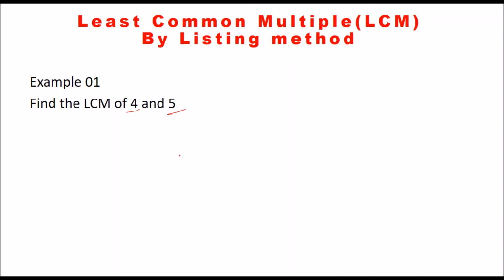Now we are going to look at how to find the least common multiple using the listing method. First of all, you have to list the multiples of each number. For example, we have 4.